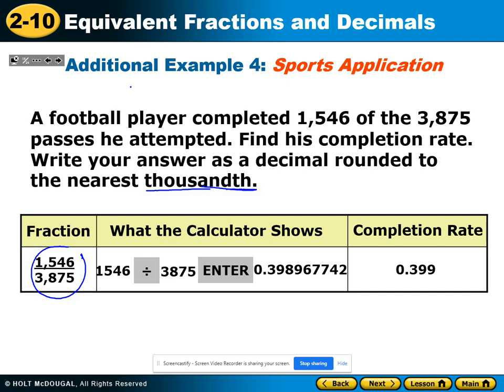Hit enter. This one would be crazy to not use a calculator on. Tenths, hundredths, thousandths. Round back. 0.399 would be our answer. Completions over total passes. His completion percent was 39.9%.